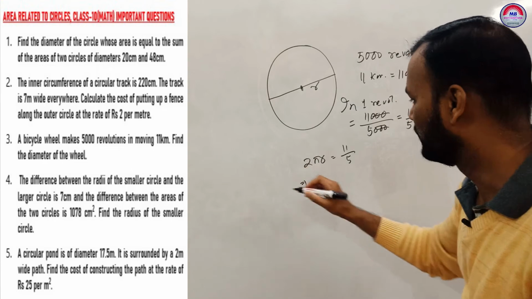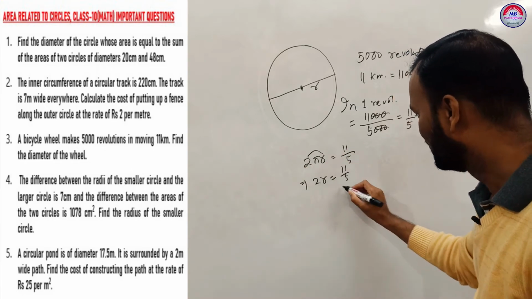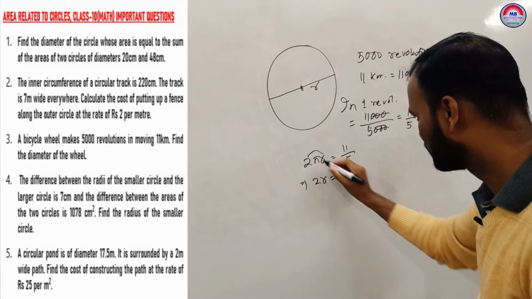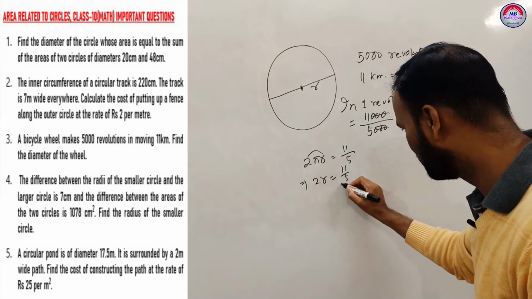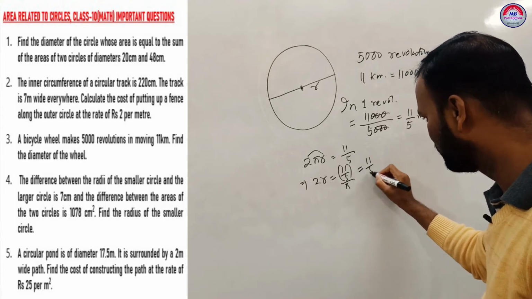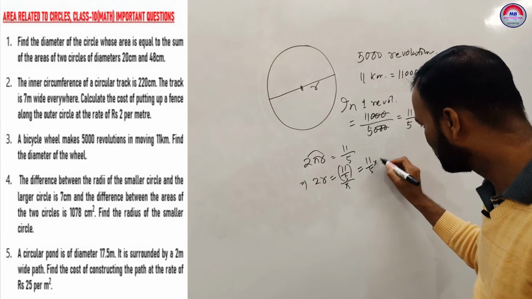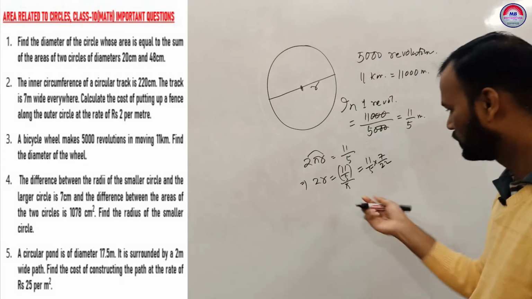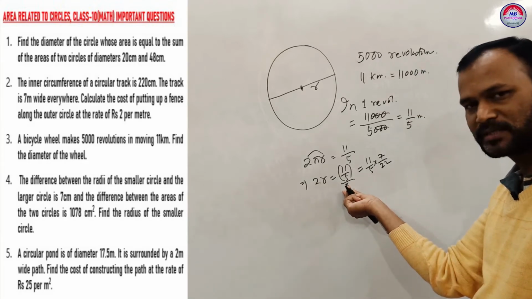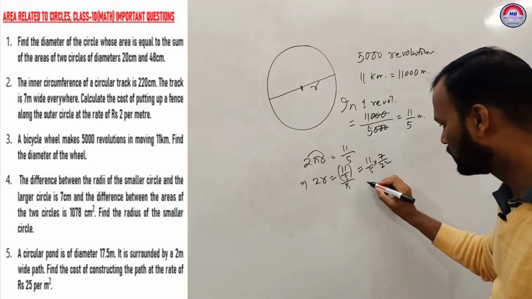What to find? Diameter. Diameter is 2r. So 2r equals 11 by 5 divided by pi. What is the value of pi? Value of pi is 22 by 7. So you can write here 11 by 5 into 7 by 22. Divide 22 by 7 means multiply 7 by 22.